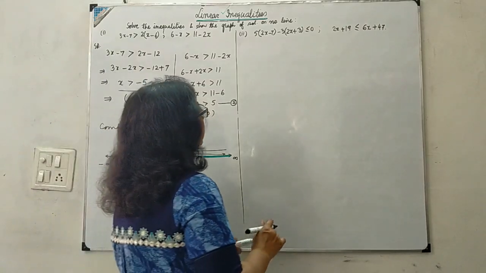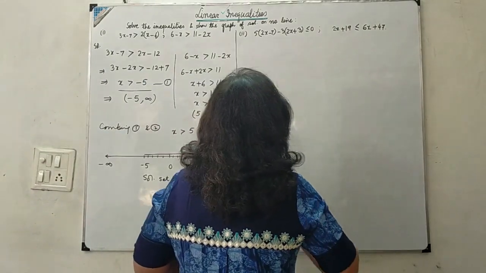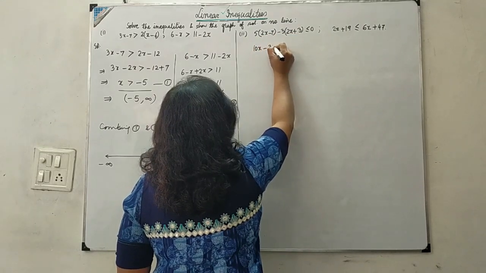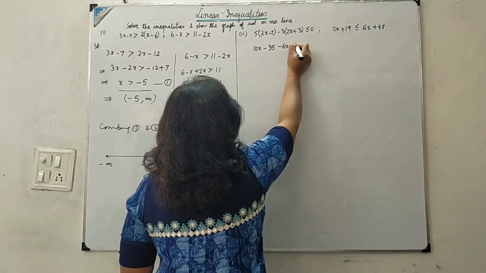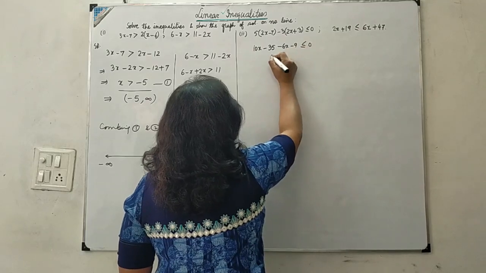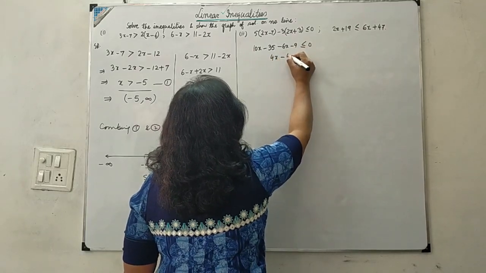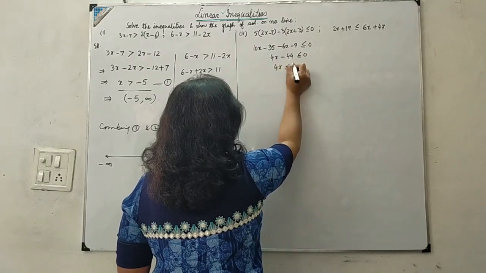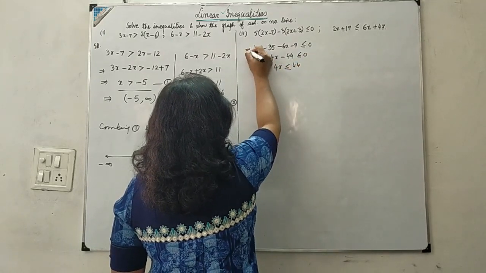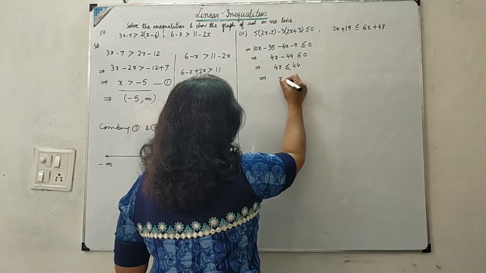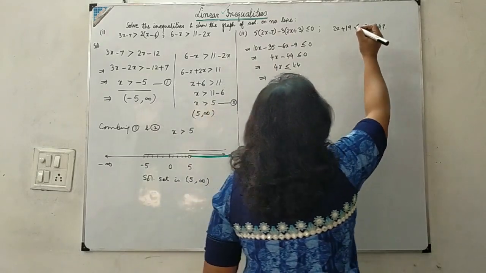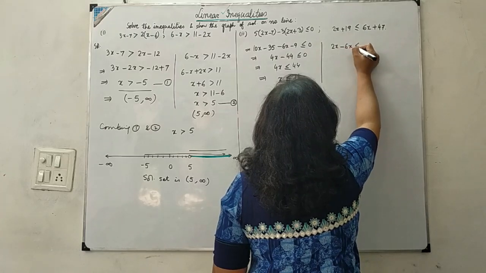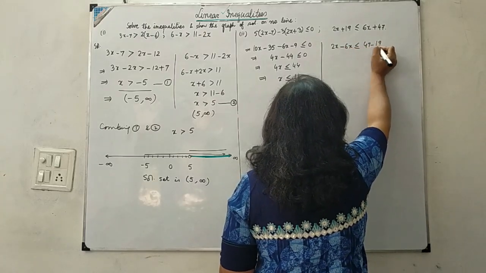Moving on to the second part, again I will take the two inequalities. Solving the first one: 10x minus 35 minus 6x minus 9 less than 0. This is 4x minus 44 less than 0, so 4x less than or equal to 44, and so x less than or equal to 11. For the second inequality, 2x minus 6x less than or equal to 47 minus 19.